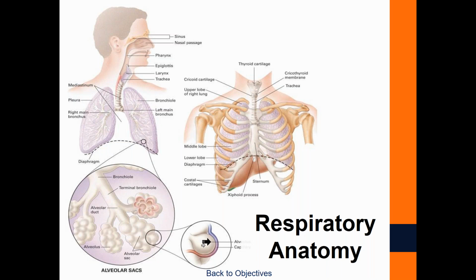So the right side of the heart pumps blood out to these alveoli through the pulmonary arteries, because arteries travel away, and we wind up in capillary beds right next to these little sacs. There's a lot of oxygen inside the sac. There's only a little oxygen outside the sac in that capillary bed.